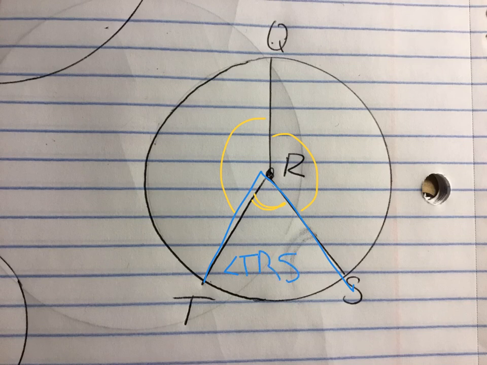And then maybe I want to name this angle here. That one I would name angle QRT. And then if I wanted to get crazy and name a third, I could name that one angle QRS.